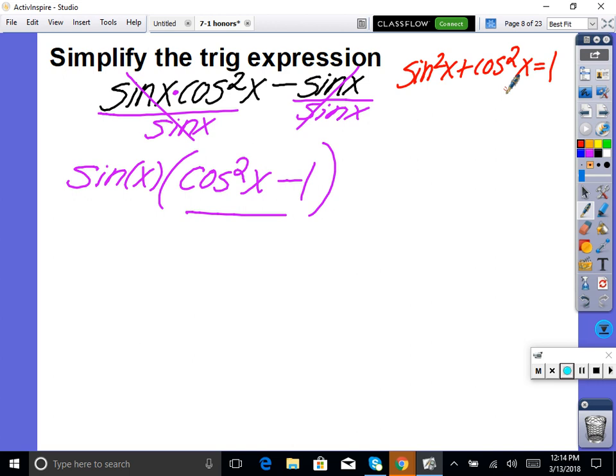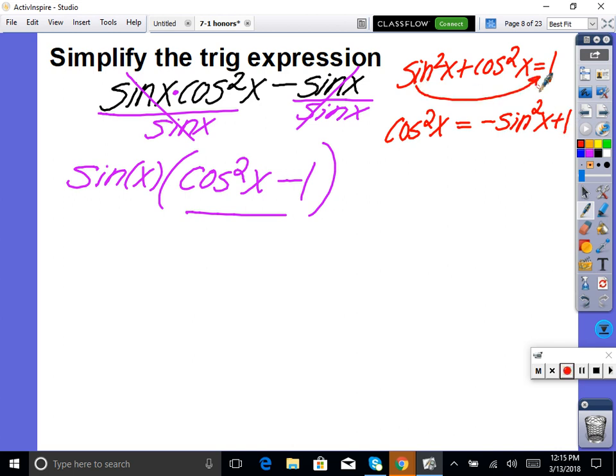So let's do this the correct way, though. We need it to be in this order. Cosine minus 1. Does everybody see? We don't want cosine to be negative, do we? So I'm going to subtract sine squared over. Is everybody okay with that? So then I would have cosine squared x equals negative sine squared x plus 1, because I brought that over here.